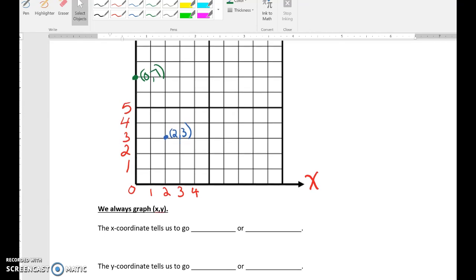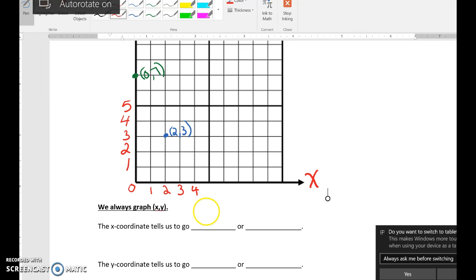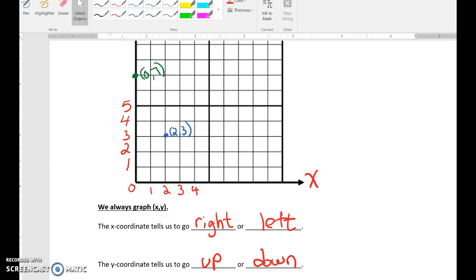The x coordinate, as I said before, tells us to go right, or in 4 quadrant graphing, it tells us to go left. The y coordinate tells us to go up, or in 4 quadrant graphing, it can also tell us to go down. Okay, and so it's really important to graph with the x first and the y second, because otherwise we could confuse 4, 2 with 2, 4, and those are different spaces, right?